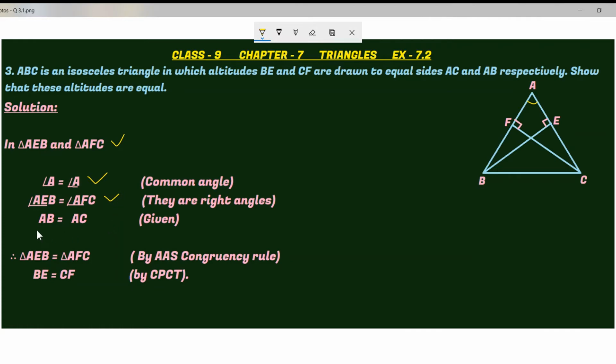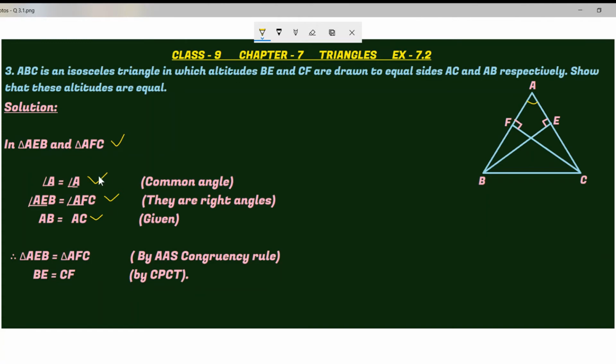And then one side is equal, that is given in the question because this ABC is the isosceles triangle in which you can see AB is one of the sides of AEB and AC is one of the sides of ACF. So I can write AB is equivalent to AC.